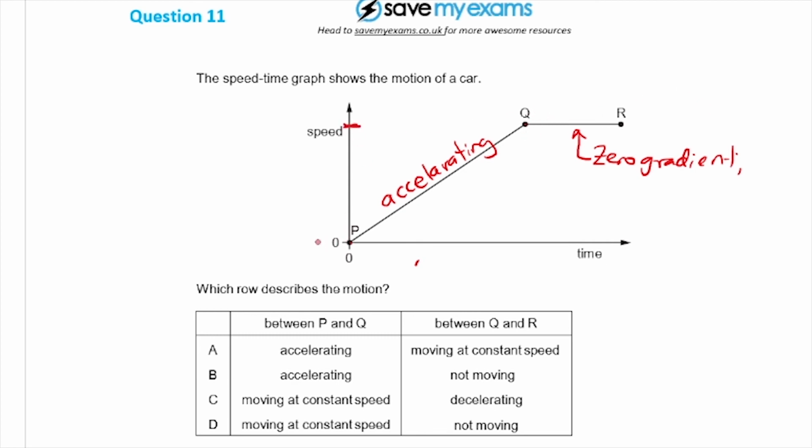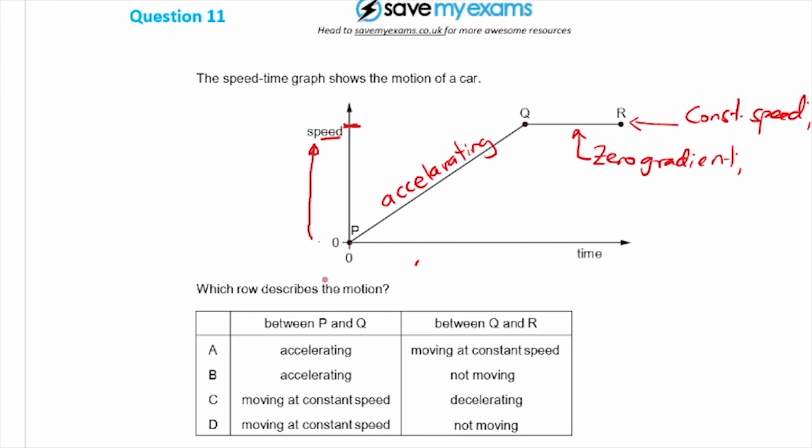It was moving from 0, the speed increased to some level, then it starts moving at constant speed. And we know that when an object is moving at constant speed, acceleration is 0. Acceleration is 0, meaning that the velocity is not increasing. It is at a constant, the velocity is constant, or the speed is constant.